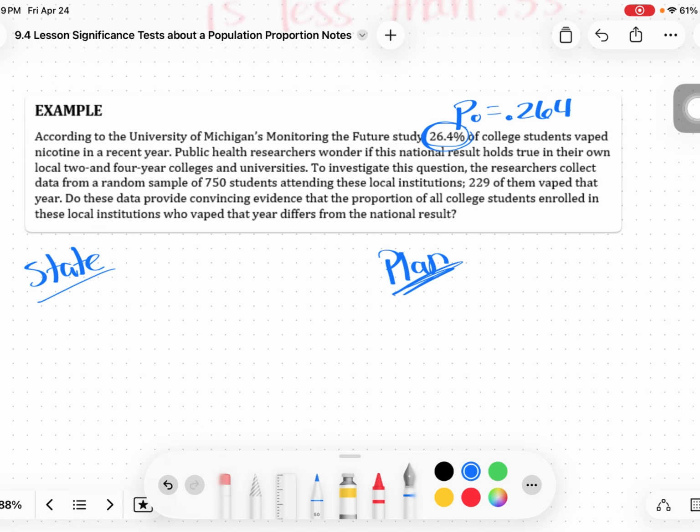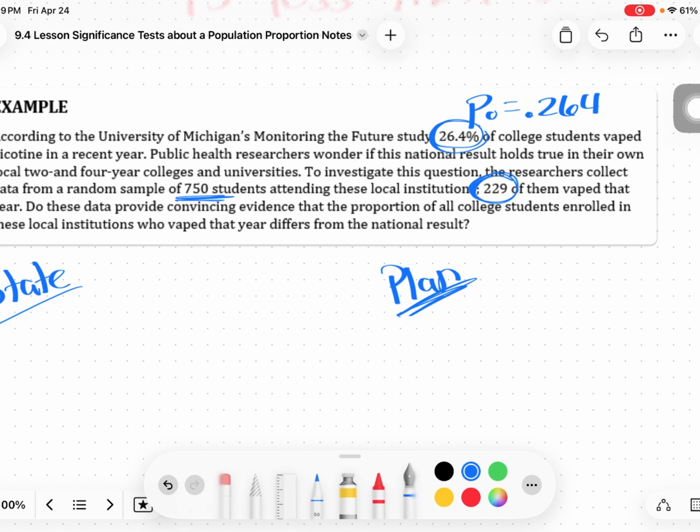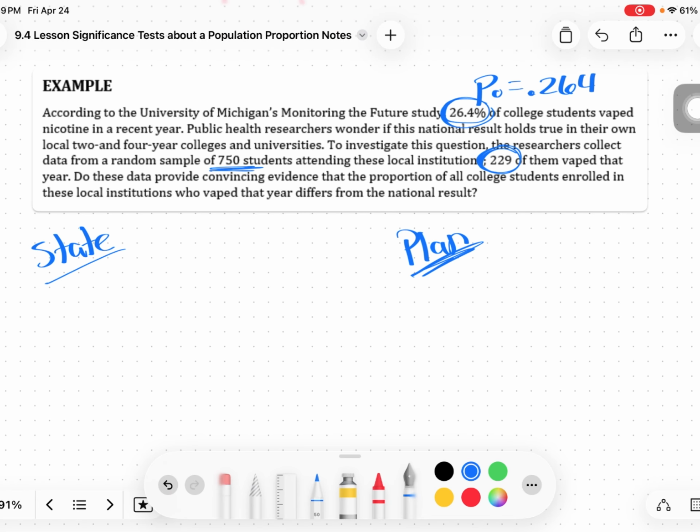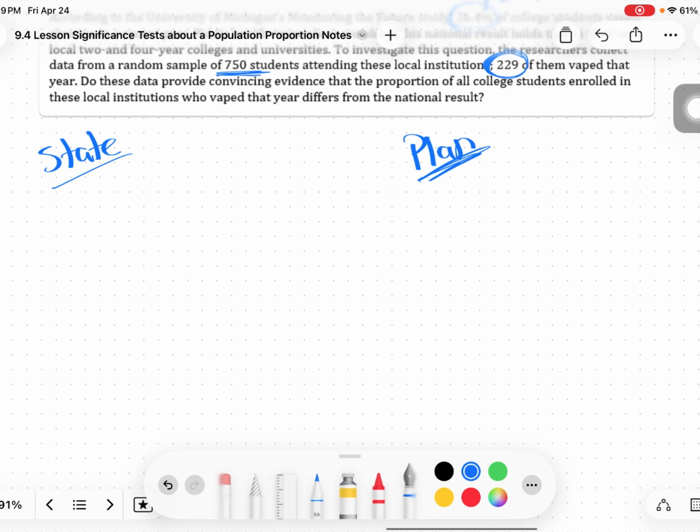And we've got a random sample of 750 students, and 229 of them say they have vaped that year. So we're trying to figure out something about the percentage of students who would vape at these schools. And so after you state and plan what you're going to do on your own, and you can check with me, we are going to calculate our standard error.